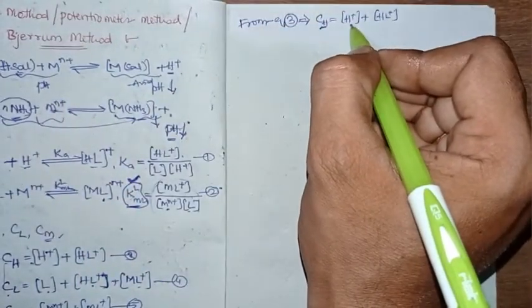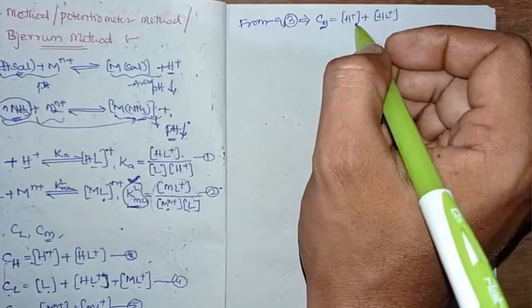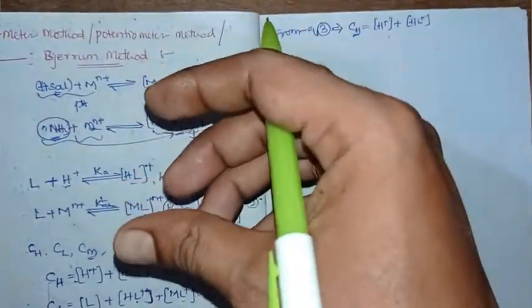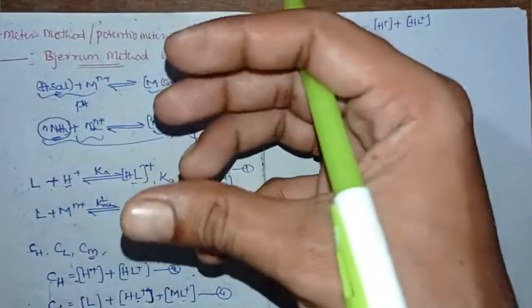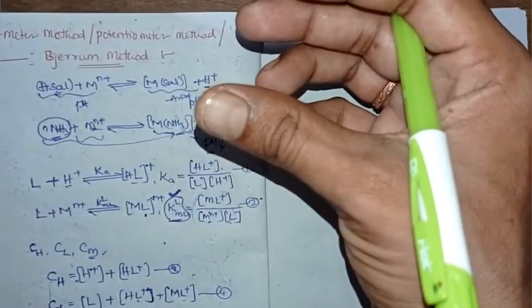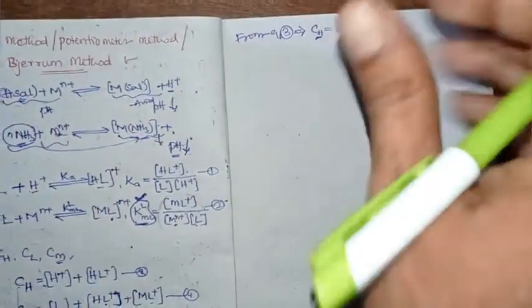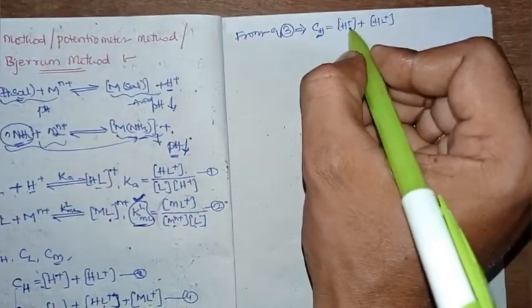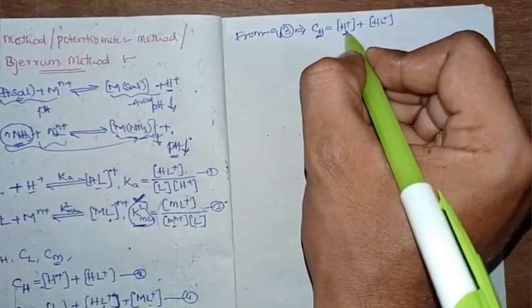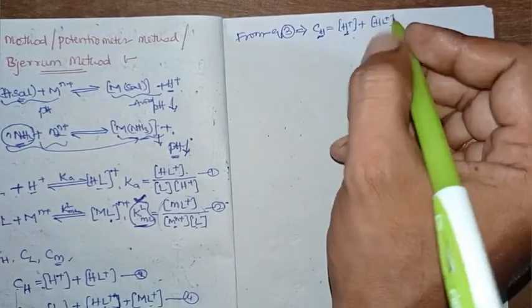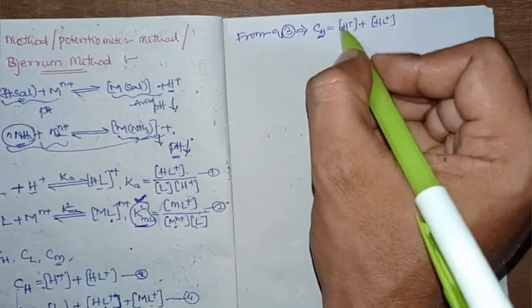And the remain proton concentration can be known from the pH meter, right? While we are using the pH meter in the complexation reaction, we will measure the pH. We know that pH is the minus logarithm of proton concentration, so by this pH value we will have the concentration of proton. So the remain proton concentration can be calculated from the pH meter value, and this is also known.